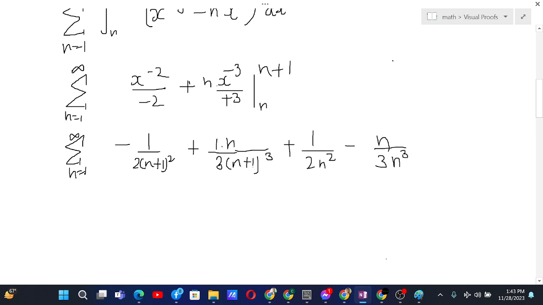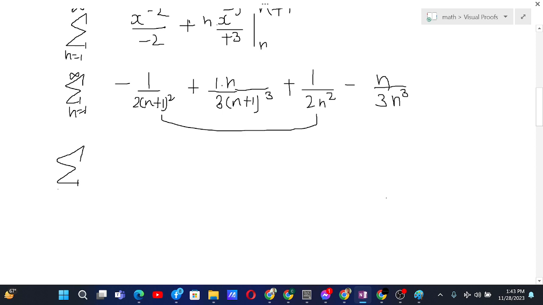Now of course this will involve cancellation, so we can use a telescoping sum here, and we can also manipulate these two to get a telescoping sum.